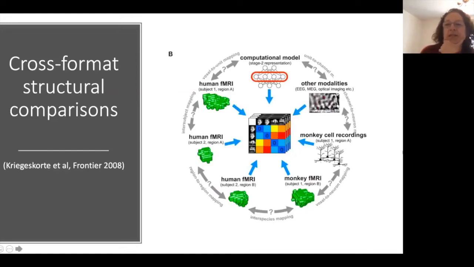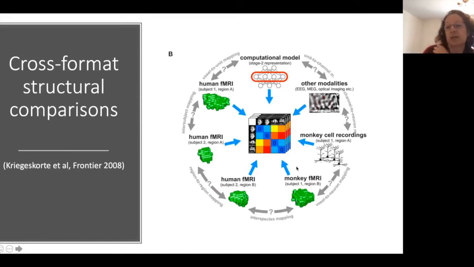So this is just a list of the ways in which people can and have used RSA. So here you have a human fMRI, and you might compare one human to another. You might compare one region to another region. You might compare a human to a monkey. You could even compare across methods.